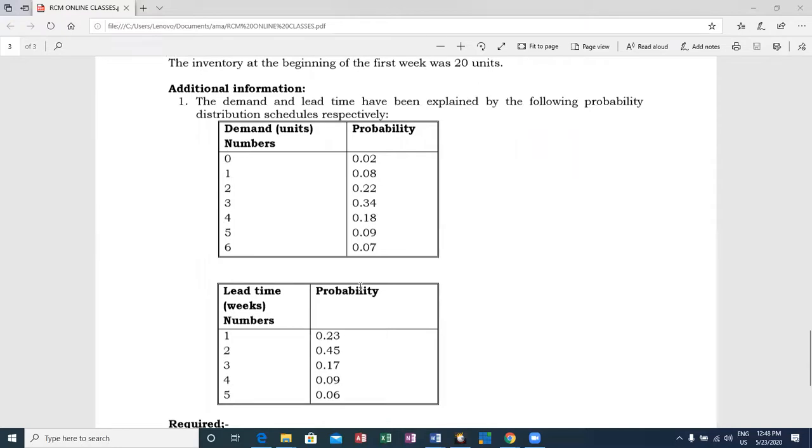For demand in units, we have 0, 1, 2, 3, 4, 5, and 6. The probabilities given are 0.02, 0.08, 0.22, 0.34, 0.18, 0.09, and 0.07.